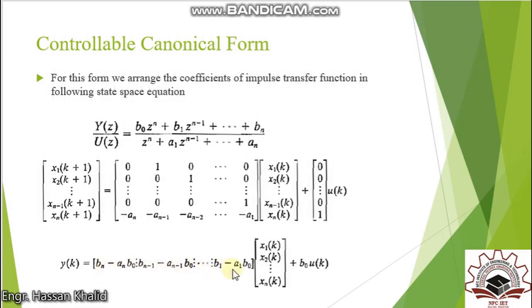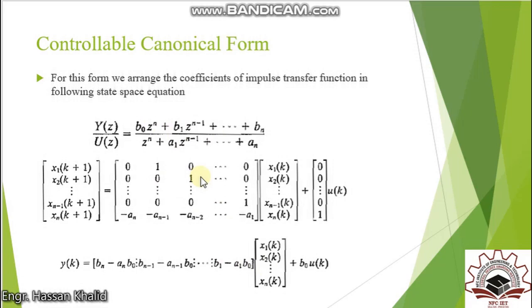The general formation is as follows: starting from bn, the last term of the numerator, minus the last denominator coefficient an multiplied by b0, and in the next column the next iteration will be b(n-1) minus a(n-1) multiplied by b0, and so on till it arrives at the first coefficient, b1.